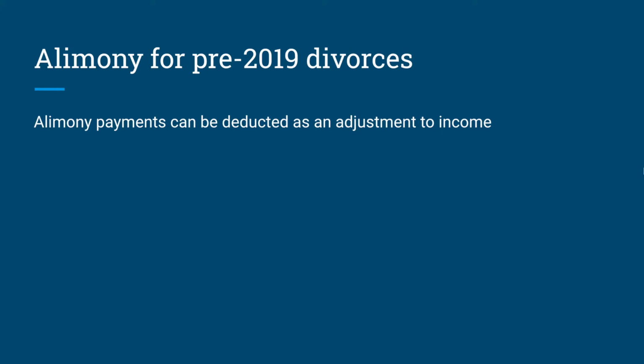But again, it's really important, as we talked about in the income section, to pay attention to when that divorce was executed, because that determines in this case whether or not the alimony payments can be deducted by the individual paying those payments. So again, one that's not too difficult to calculate, it's just really important to understand conceptually.